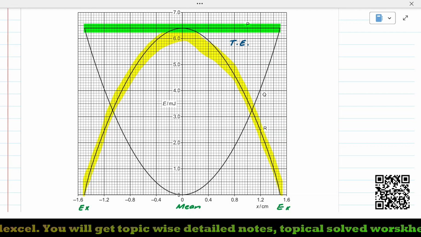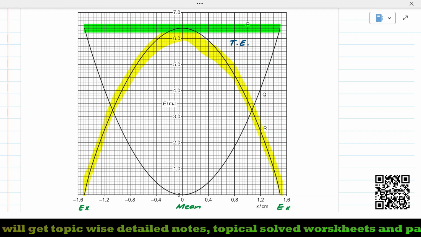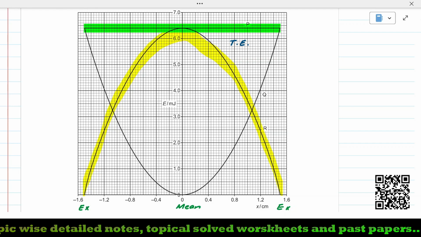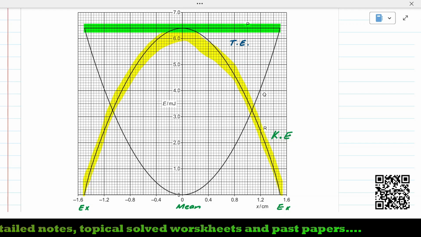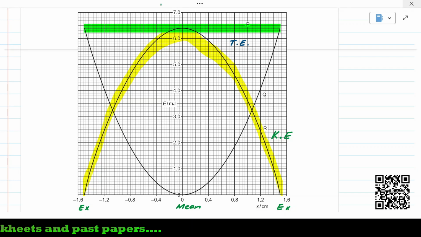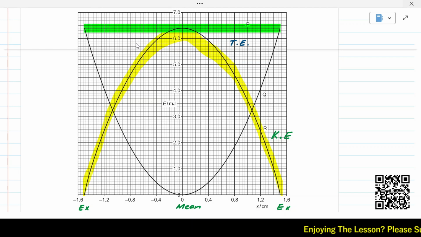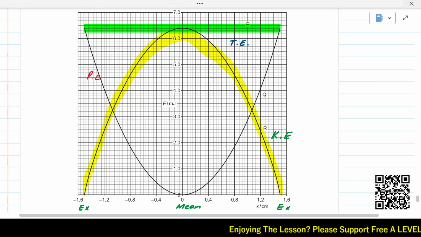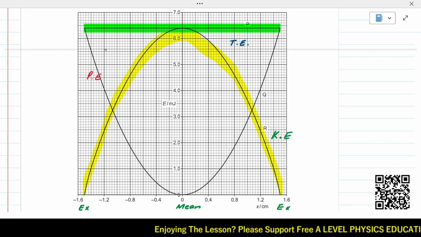Now what is the energy that is maximum at the mean position? Which one? Kinetic energy. Excellent. So it means, even by method of elimination, we would know that the last energy has to be none other than potential energy.